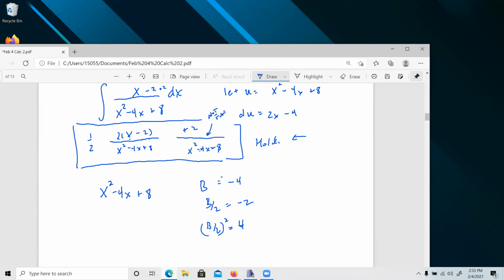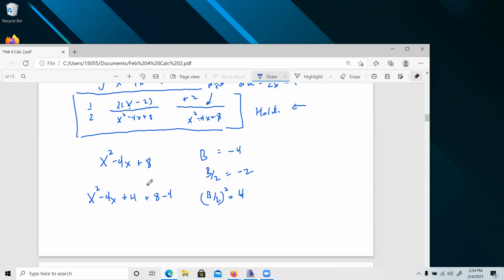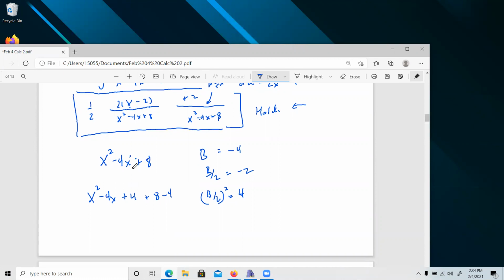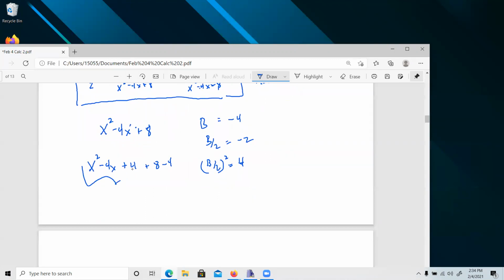There's a couple of ways to think about this. The way I was taught, you would have borrowed 4 out of here and put it over here so that you would be able to complete the square. So this would be a 4, and then we'd have a 4 here. On this example, it doesn't look too bad. All right, so that's my integral on the bottom here.